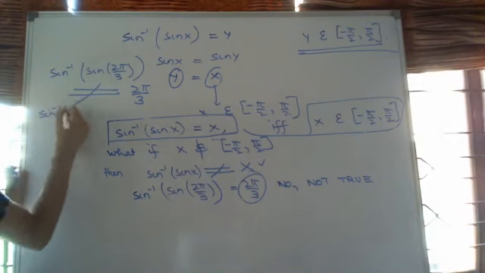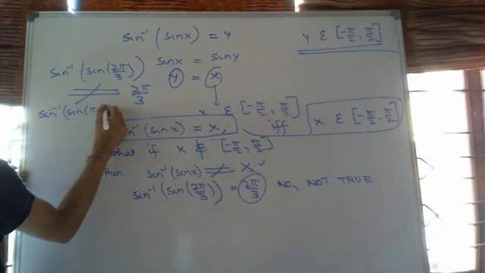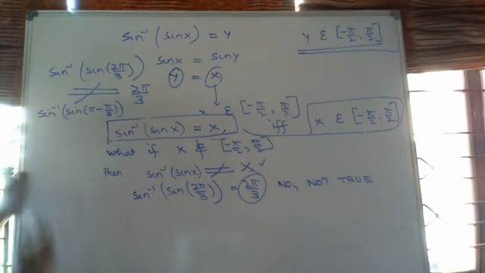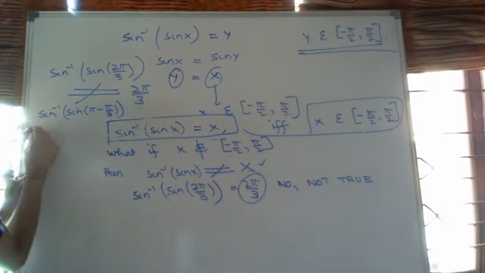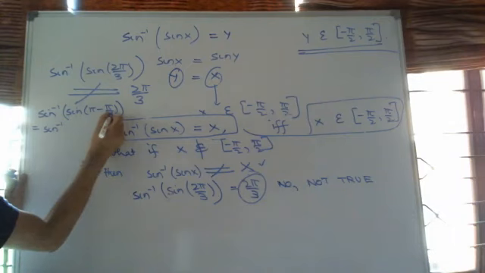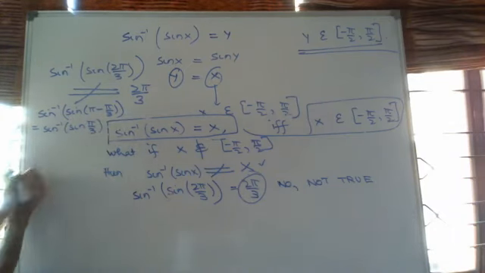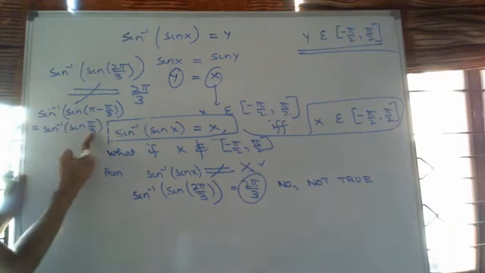Sin inverse sin 2π/3 is like sin inverse sin (π minus π/3). But sin (π minus θ) is sin θ. Now π/3 belongs to the principal value range.